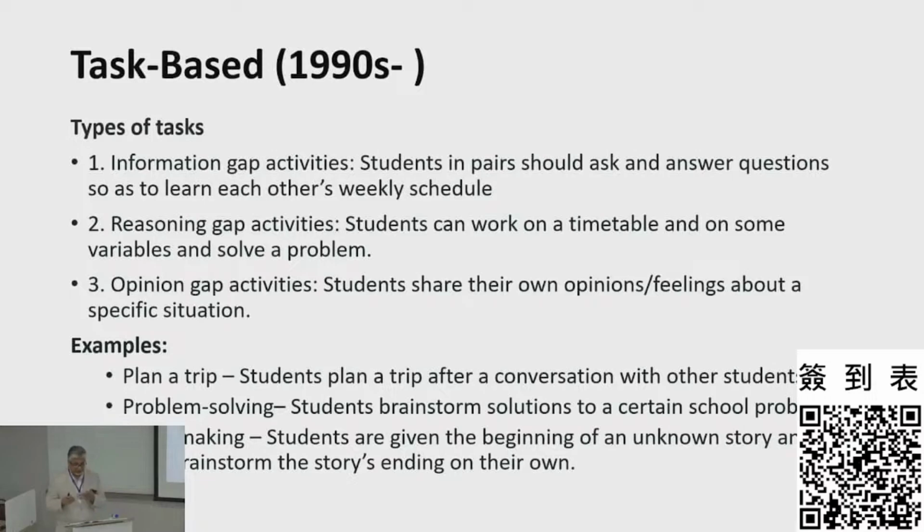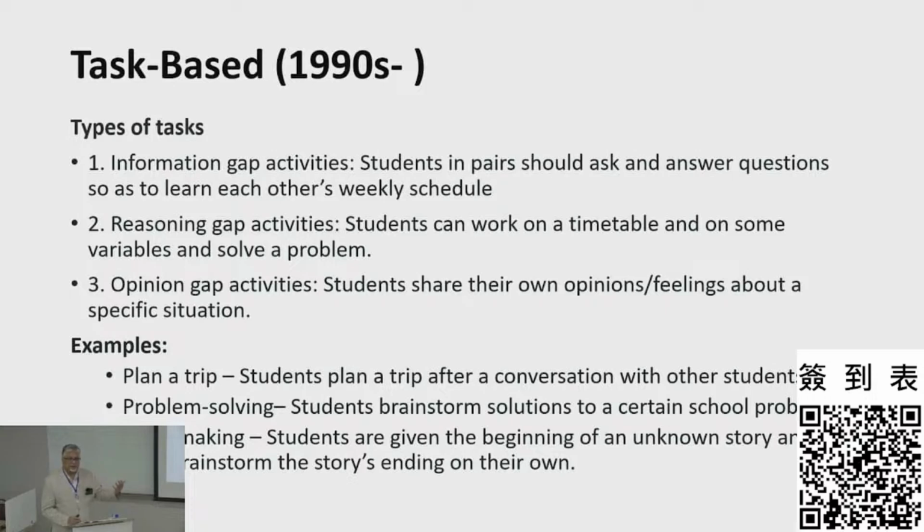Reasoning gap: one person has a schedule, the other person doesn't have a schedule. Opinion gap: one person has an opinion about which is the best restaurant in this neighborhood, but the other person may not know that. So the focus here is on communication, but it's narrow in focus, it's task-oriented, just one task at a time.